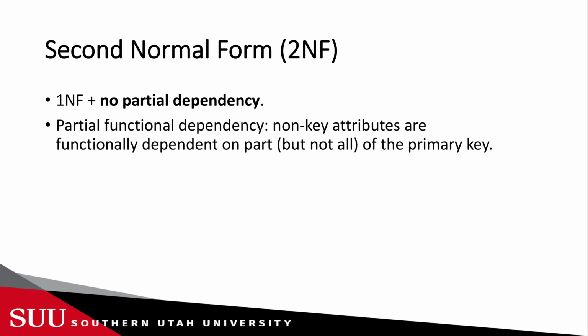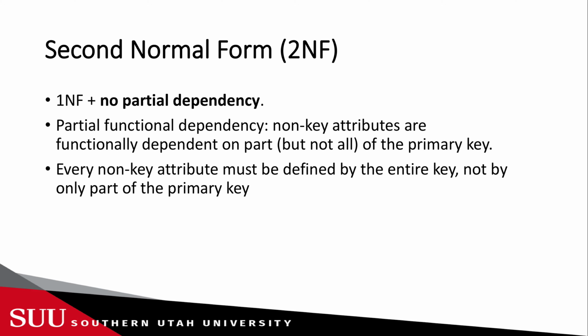A partial dependency is defined by when the non-key attributes are functionally dependent on a part but not all of the primary key. So every non-key attribute must be defined by the entire key, not by only a part of the primary key, to make the table in the second normal form.